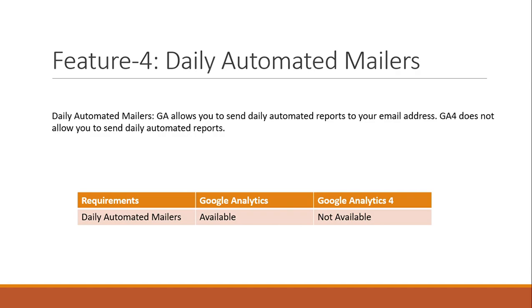But in the current GA4, again, this is not available, which could be a possible feature they can add in the upcoming features. Otherwise, they have to create separate third-party extensions and pull the data, which is again a very tedious job.